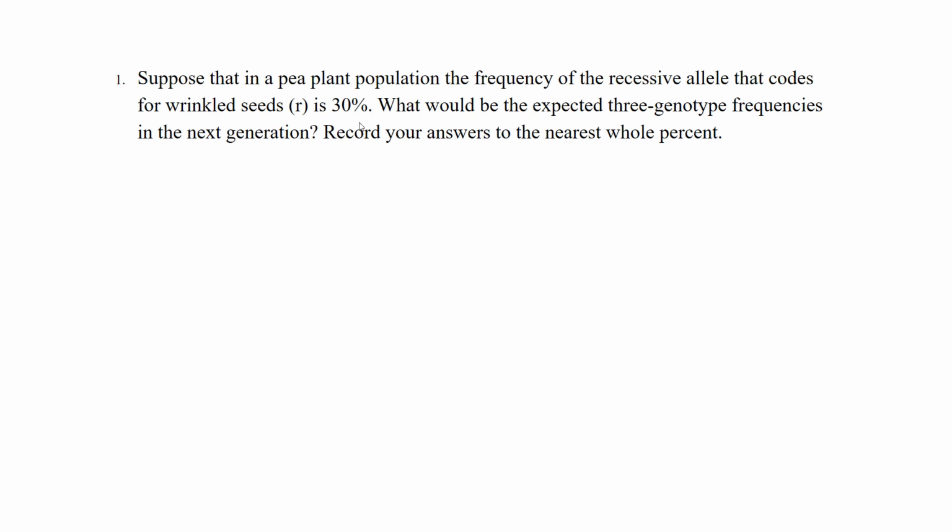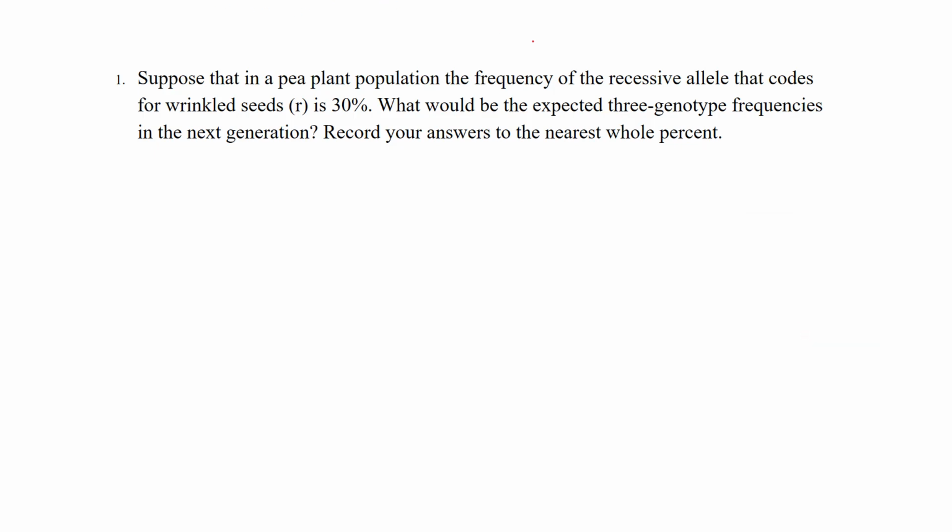And we're going to give you again some strategies on how to determine what the question is asking, different things to highlight within the question, just to make sure that you're doing these correctly. So it says, suppose in a pea plant population, the frequency of the recessive allele. Okay, so the recessive allele here is the key point in this question.